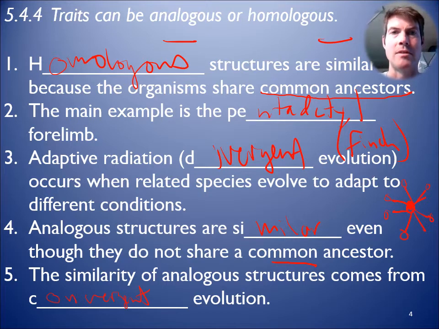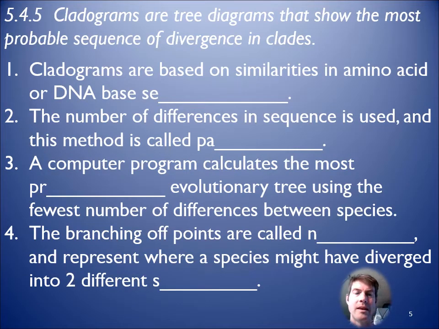They just happen to, by mutation and natural selection, come up with the same sort of design to solve a problem, which is moving around their environment, obtaining food, maybe trying to escape predators, and over time they develop a very similar structure, but they're not closely related. So it can be tricky when we're looking at these things in nature.